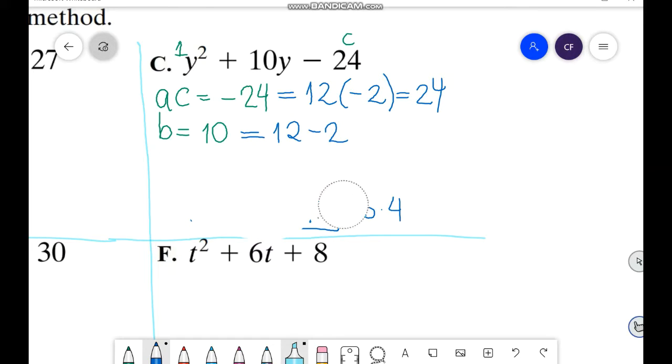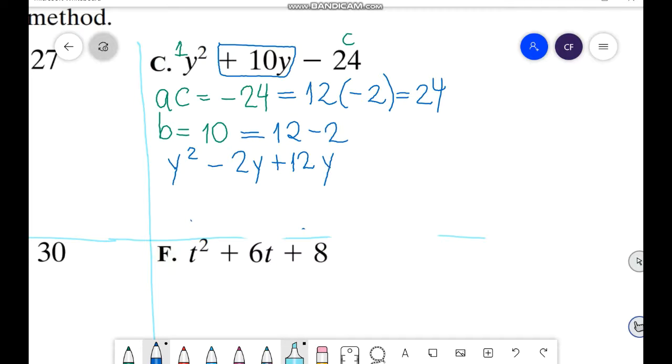Now we rewrite the original polynomial, splitting this 10y as 12y minus 2y. Let me rewrite here: y squared minus 2y plus 12y minus 24. Now we can apply the factoring by grouping from yesterday.